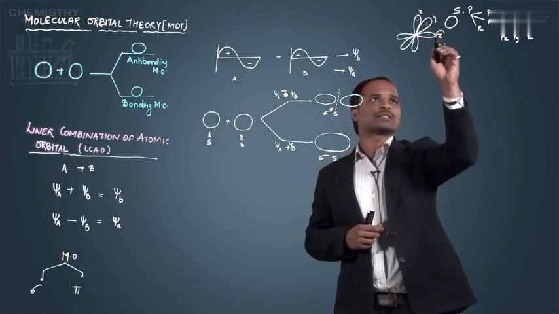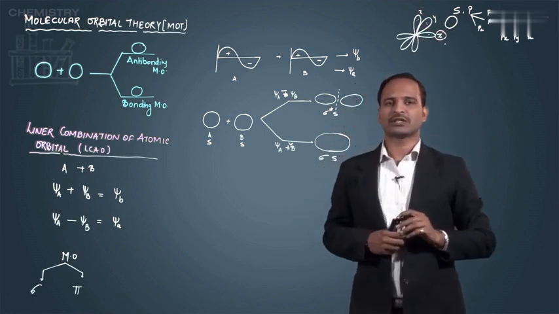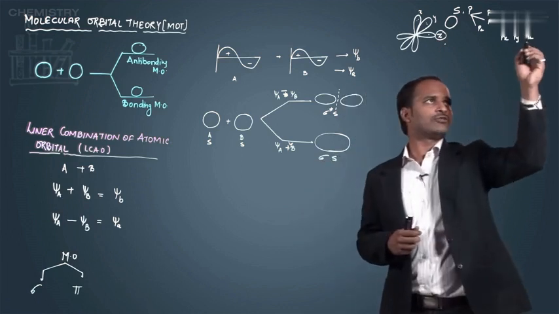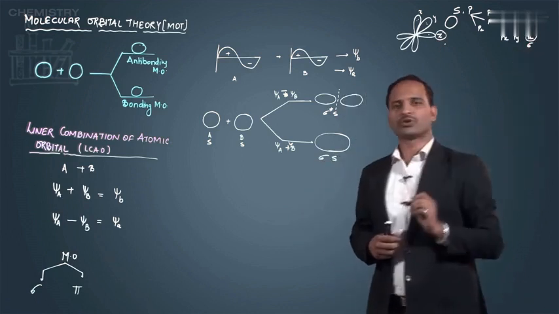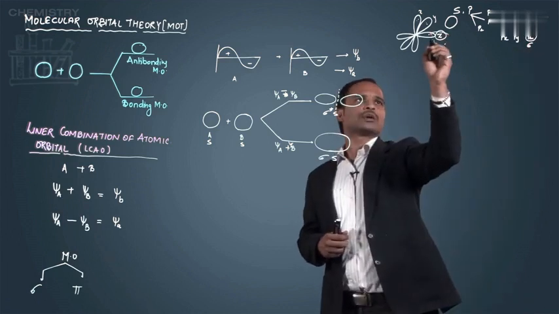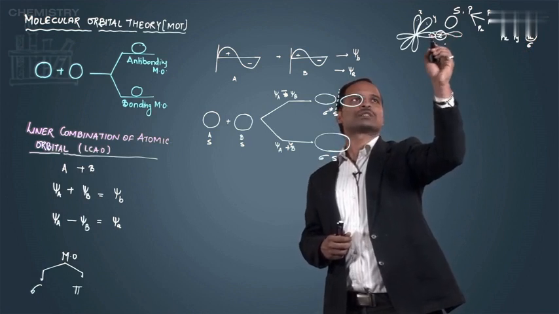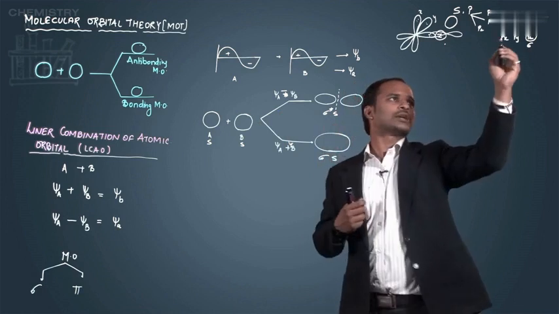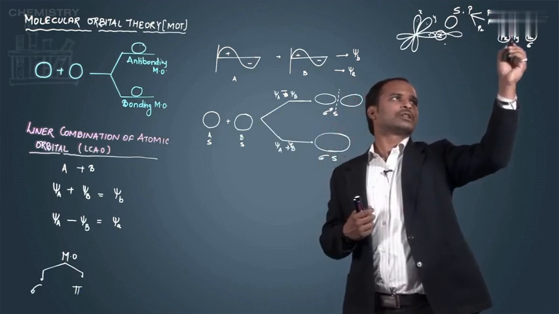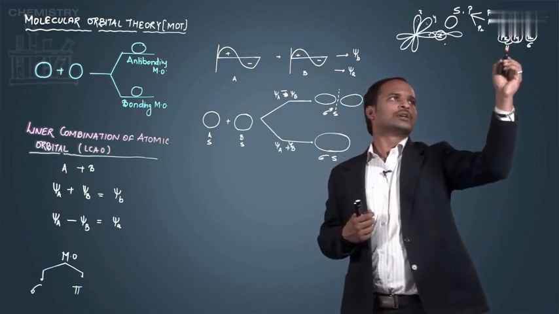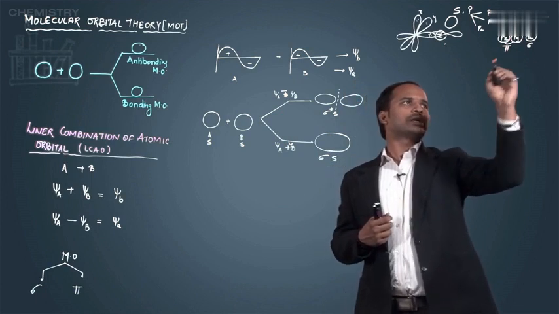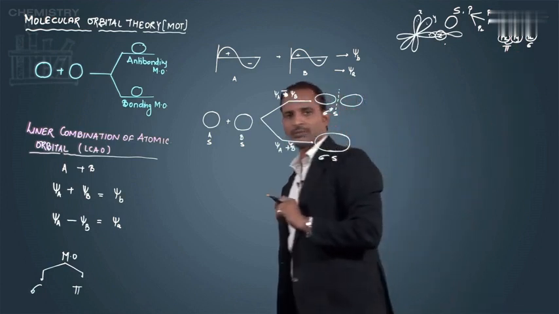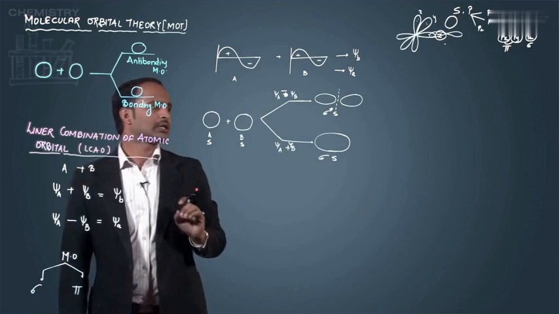Since z is considered as the internuclear axis, whenever the pz orbital forms a bond, that bond is always going to be a sigma. And if this bond is a sigma, then ultimately the other two bonds are going to be lateral overlapping. That means px and py form pi bonds, so their molecular orbital is a pi molecular orbital, while the pz molecular orbital is going to be a sigma molecular orbital.